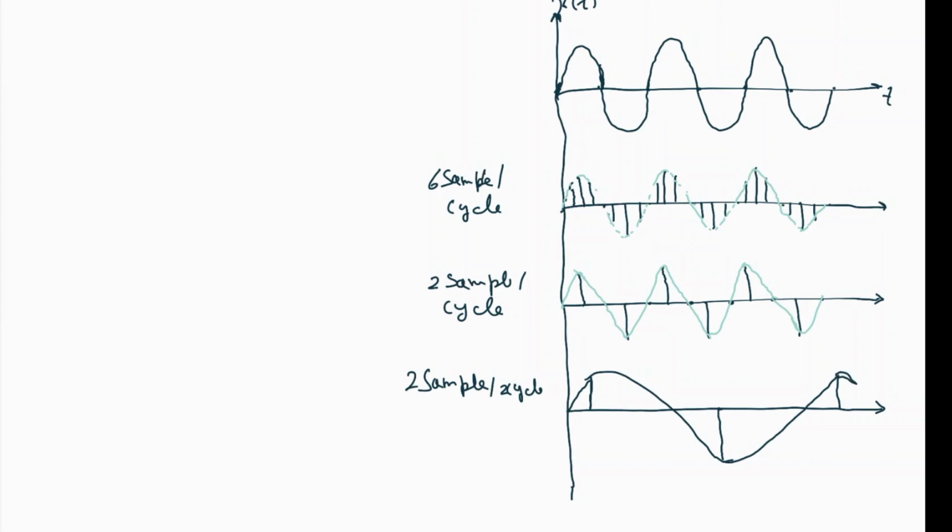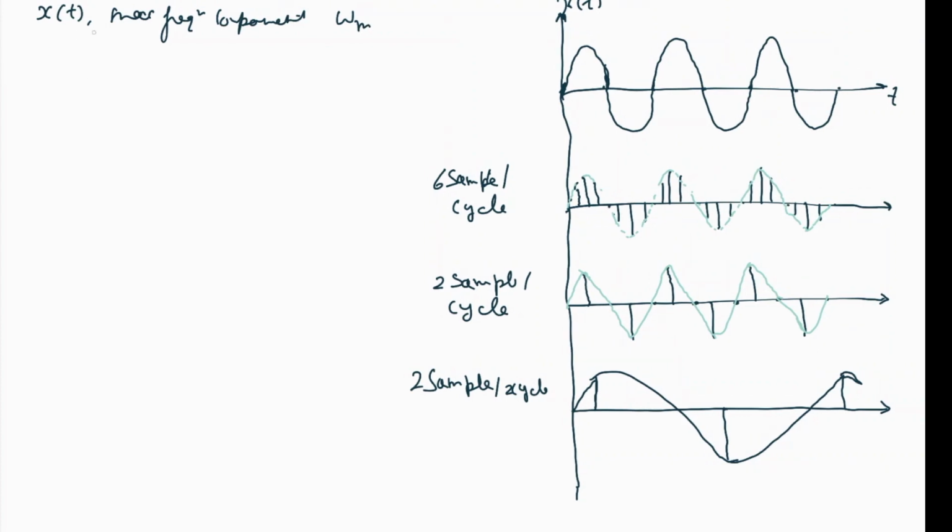Now to elaborate, let's assume that our signal to be sampled is x(t) and it has a maximum frequency component, which is omega m, and it is band limited. This means the maximum frequency component is omega m, and its frequency domain representation is X(omega), which we can estimate using the Fourier transform.